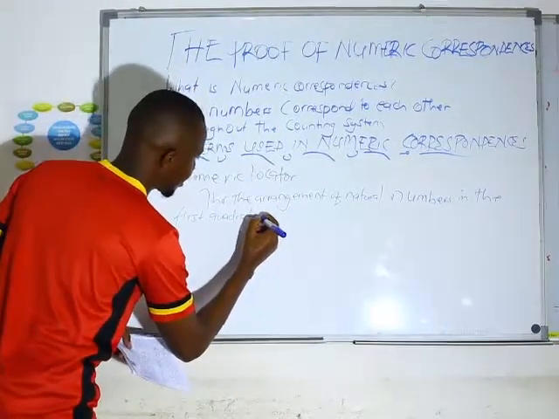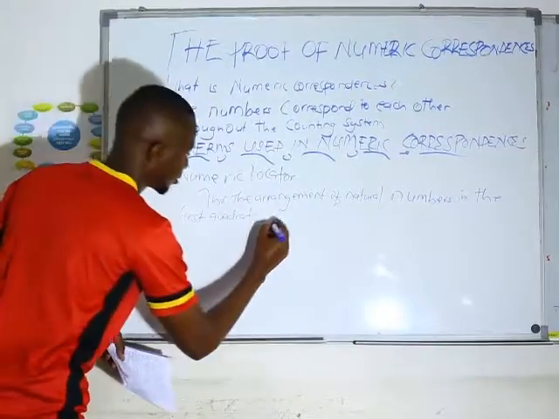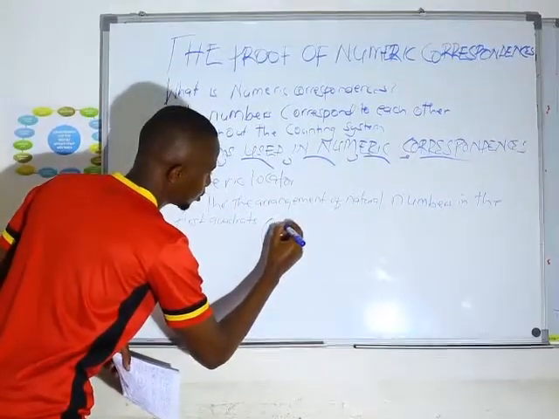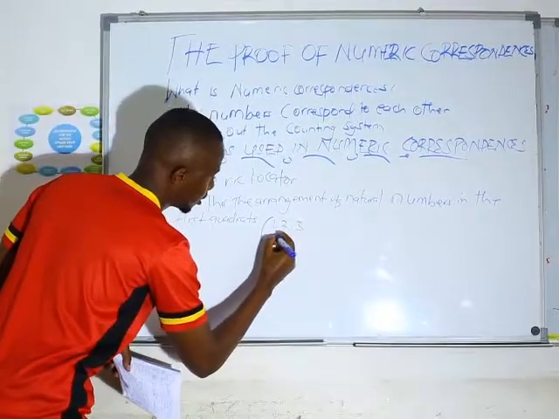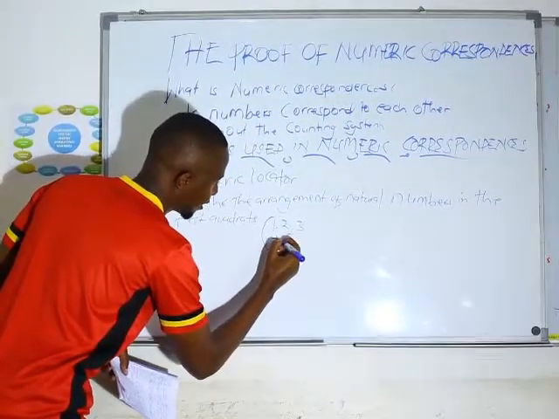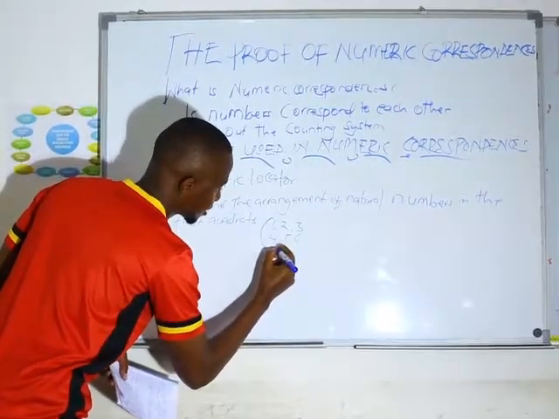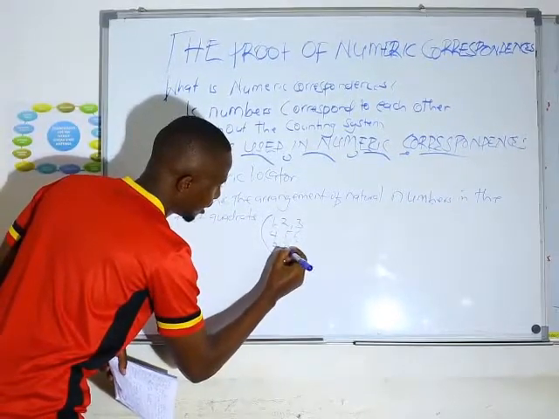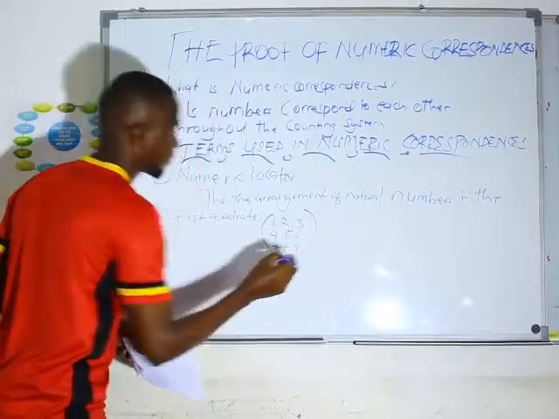And those numbers are 1, 2, 3, 4, 5, 6, 7, 8, 9.